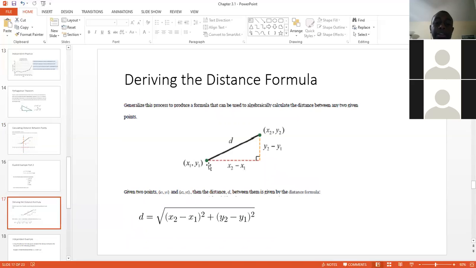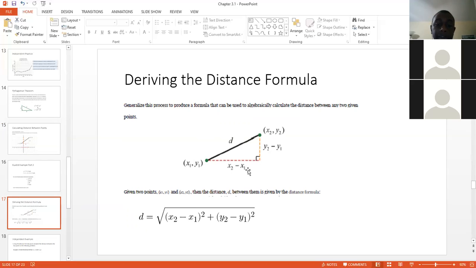We can say that the distance between this point and this point is x2 minus x1, and the distance between y2 and y1, so y2 minus y1, is the vertical distance. x2 minus x1 is the horizontal distance.